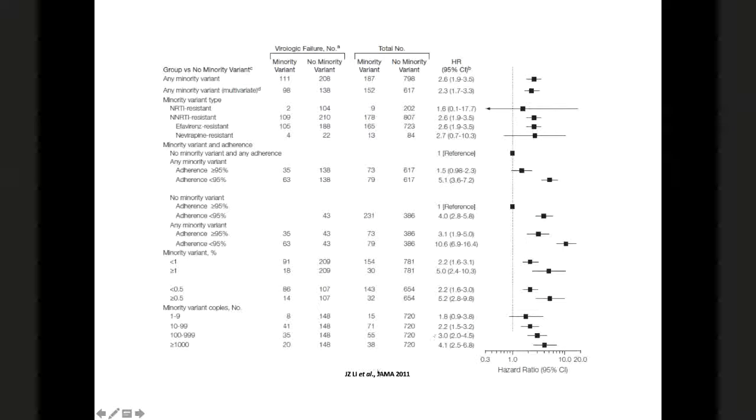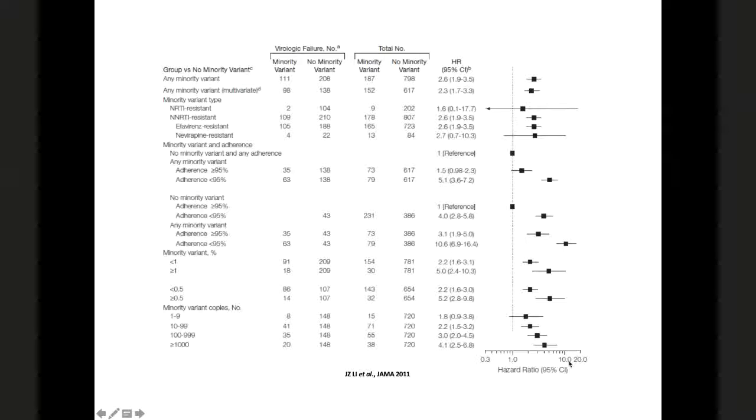And again, this is a study by Lee, quite a long time ago, that attempted to look at how the number of copies, rather than percentage prevalence, associates with the odds of treatment failure, or the hazard ratio of treatment failure. And you can see a trend.